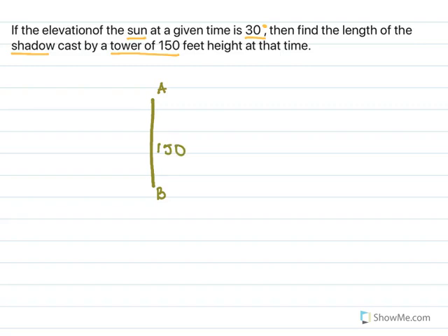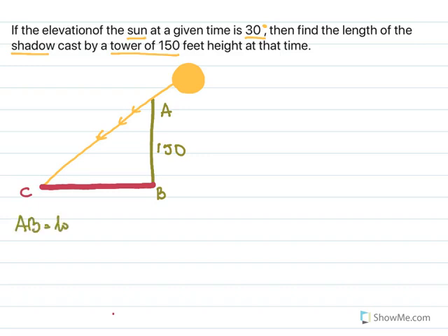Now the angle of elevation of the sun is 30, which means if this is the sun, then the angle of elevation would be exactly this. Here these are the rays of the sun that would come, and the shadow of this tower would be here, say C.